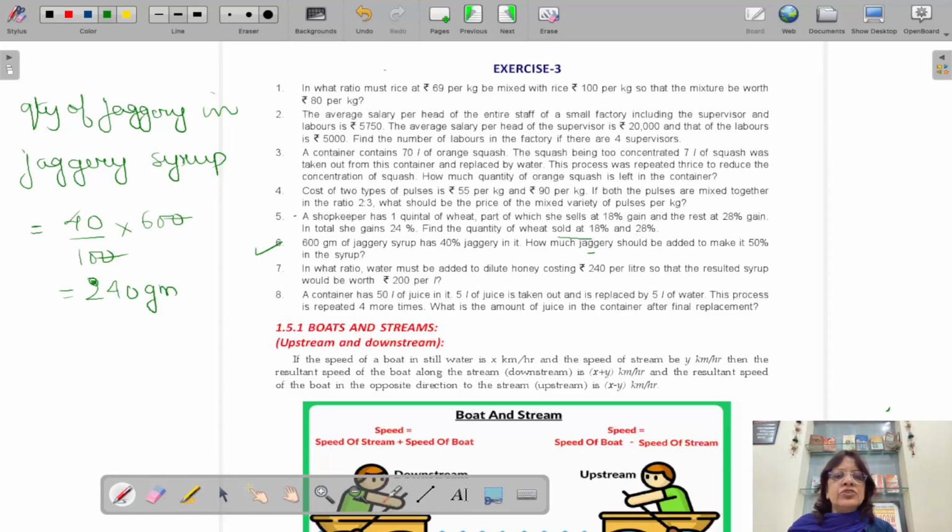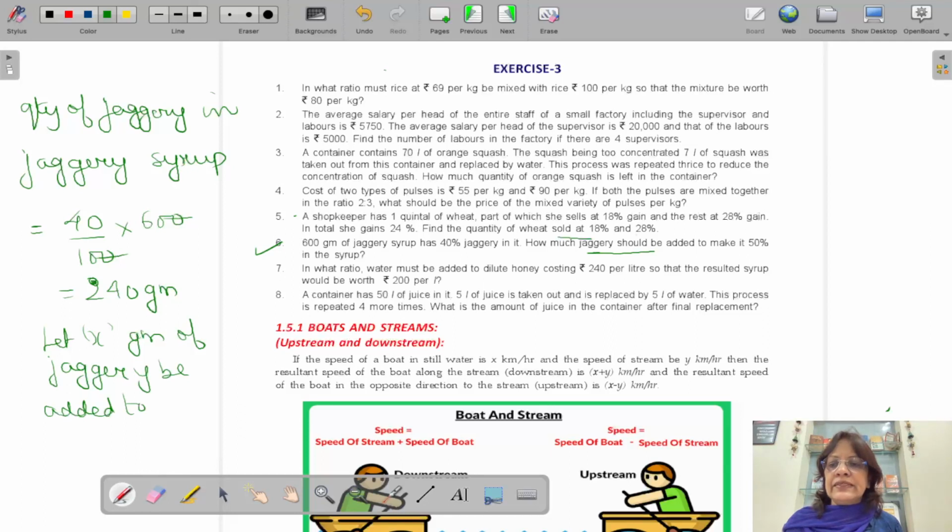So let x grams of jaggery be added to make it 50% in the syrup.